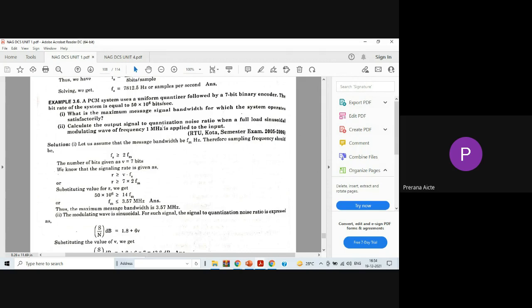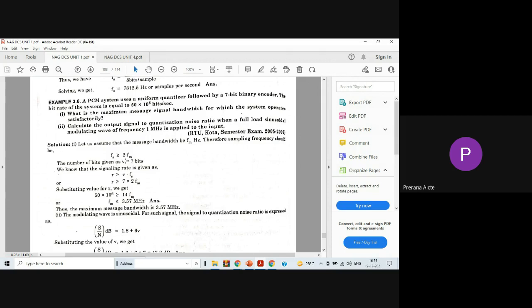We have to find the maximum message signal frequency for which the system is able to function properly, and we have to find the output signal to noise ratio when a sinusoidal wave of frequency 1 megahertz is applied as the input.